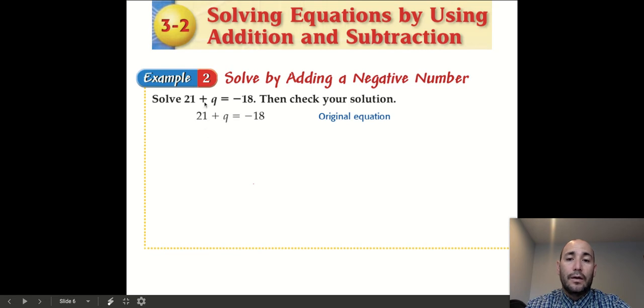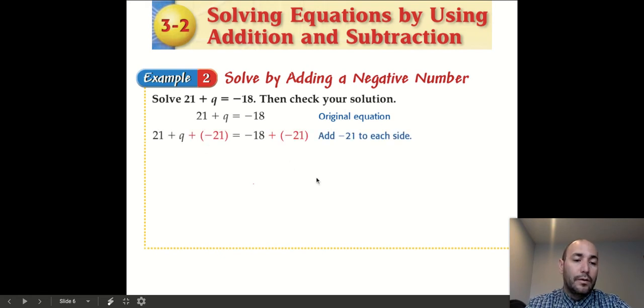I want to get rid of this positive 21. The way I can zero it out, in order to get the variable all by itself, is to add negative 21, because I know positive 21 plus negative 21 will make 0. So I'm going to add negative 21 to both sides.